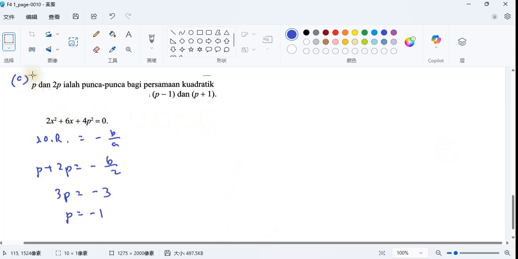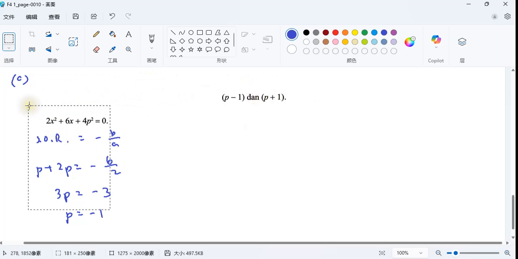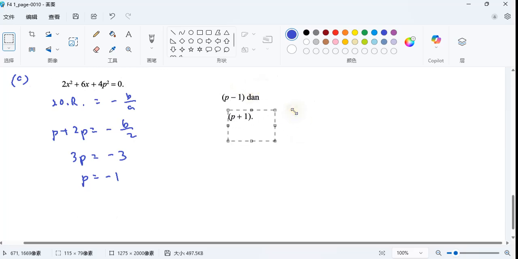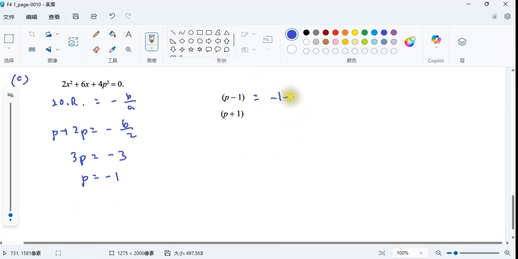So next we want to find p minus 1 and p plus 1. So for p minus 1, because we know that p is negative 1, then it's negative 1 minus 1, negative 2.